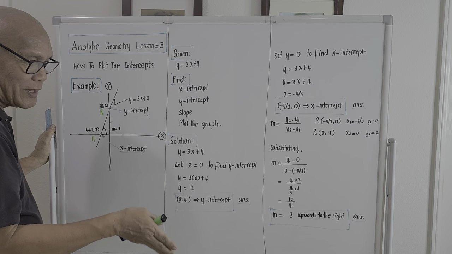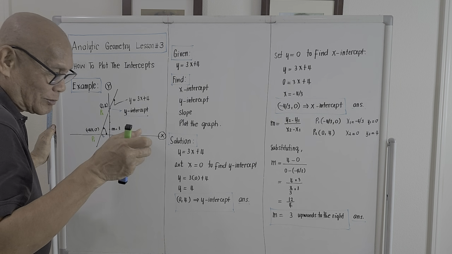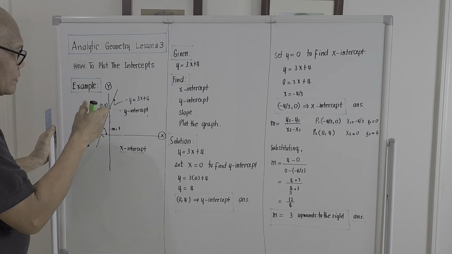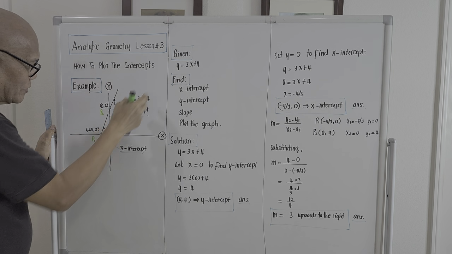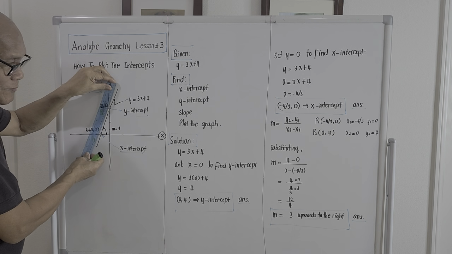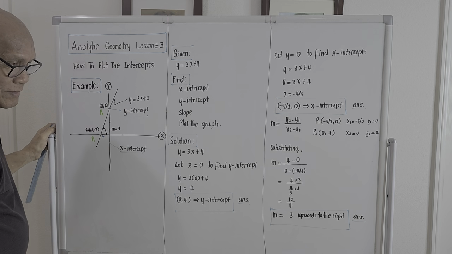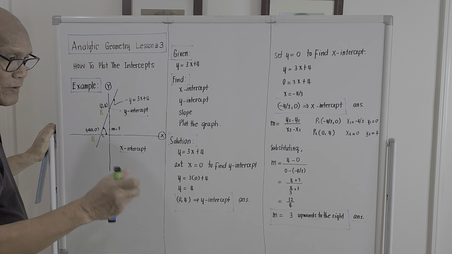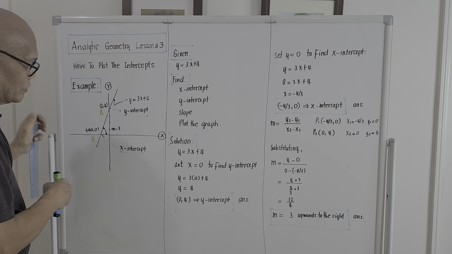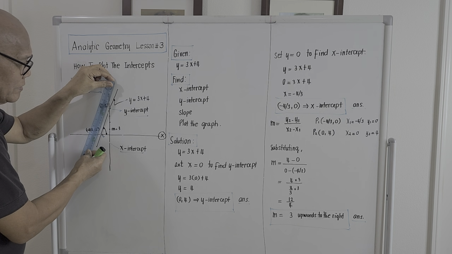It depends on what kind of equation it will be. But for tonight, just to simplify the concept on how to plot the intercepts, we are considering a straight line.